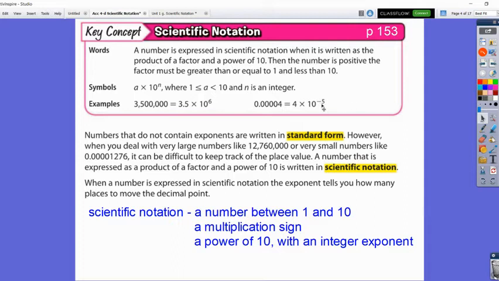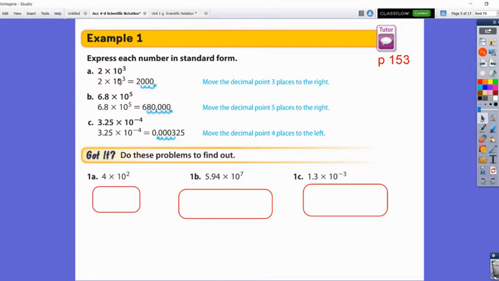The exponent tells you how many powers of 10 there are in the number. You should be able to convert back and forth from scientific notation to standard notation, the way you normally write numbers without exponents. If you're given a number in standard notation, can you write it in scientific notation and vice versa?